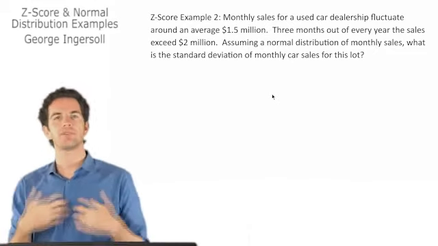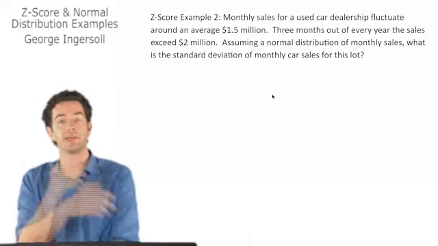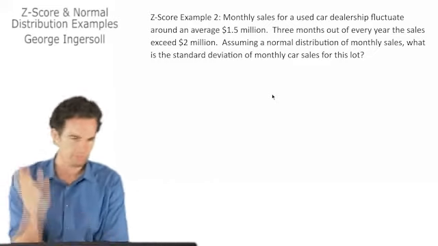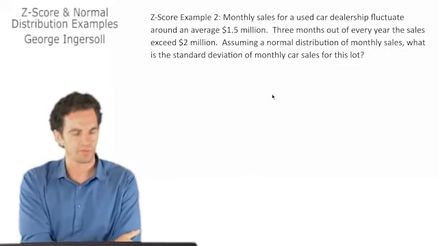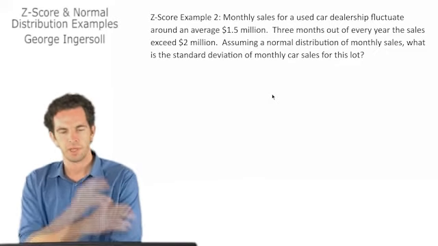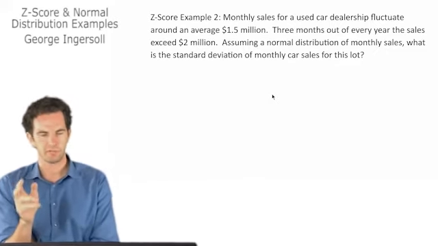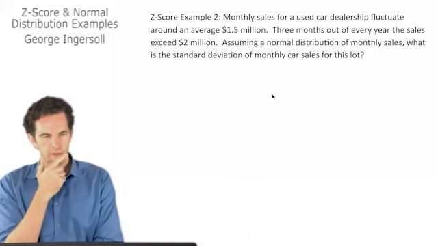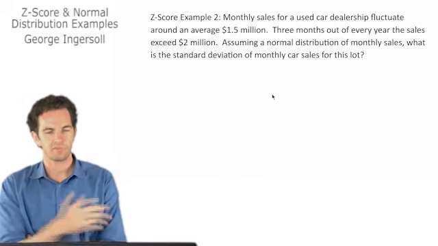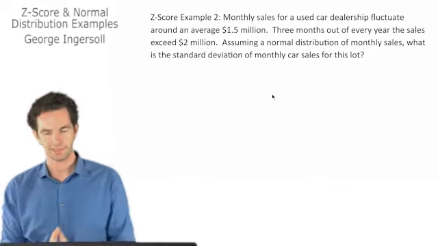And since it doesn't specify which months, we'll assume there's no regularity. It's just random, we can expect 3 months out of every year the sales are going to exceed 2 million. Assuming a normal distribution of monthly sales, what is the standard deviation of monthly car sales for this lot?